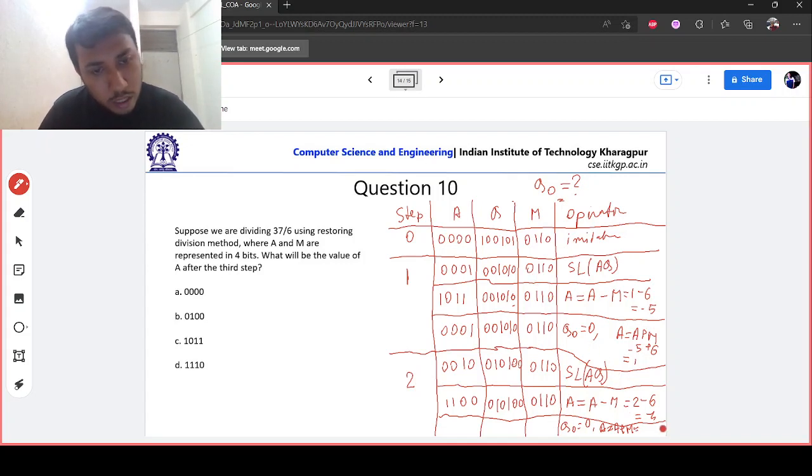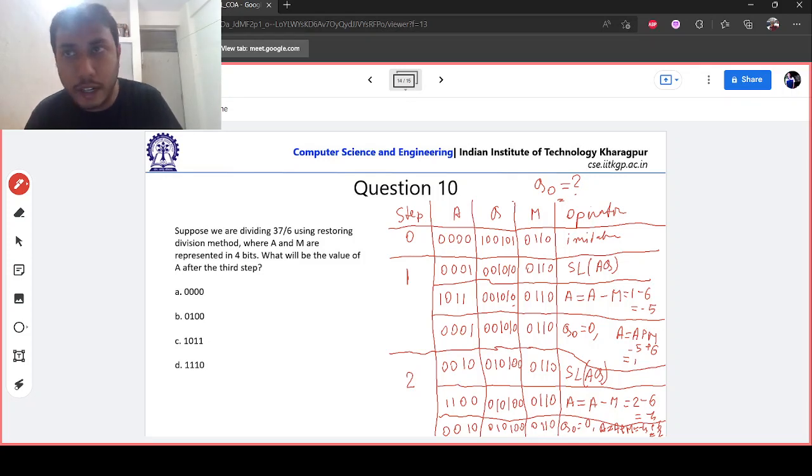So it will be 2, minus 4 plus 6 equals 2. So it will be 0 0 1 0, and then 1 0 1 0 0 0 1 1 0.